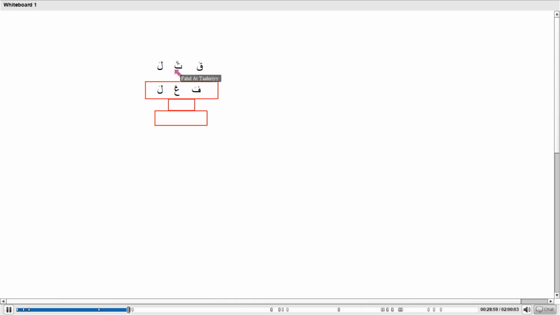So whenever you see a letter with this sign, that means there are two of those letters. The first one is sakin, the second one is maftuh, if it has a fatha, and the second one has a haraka.